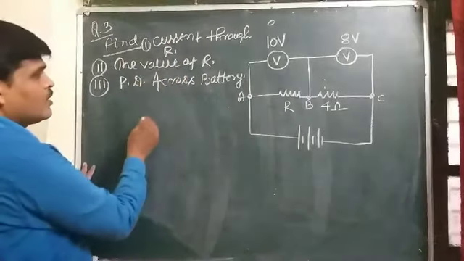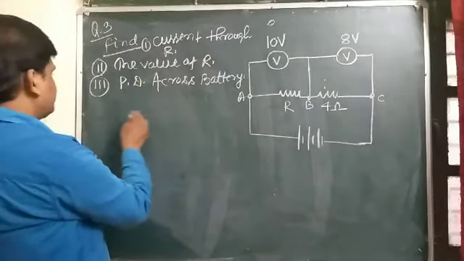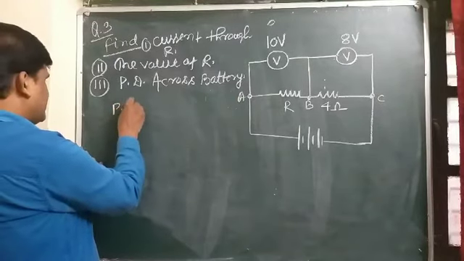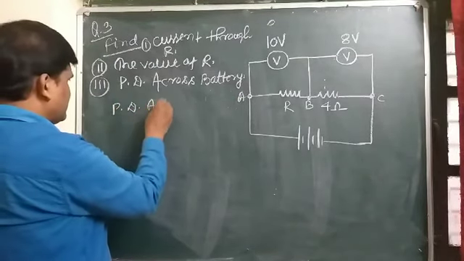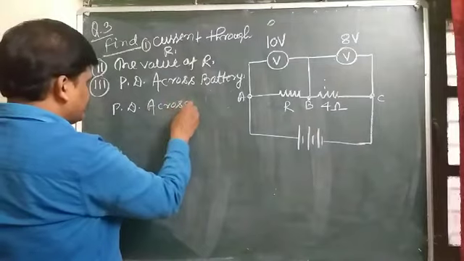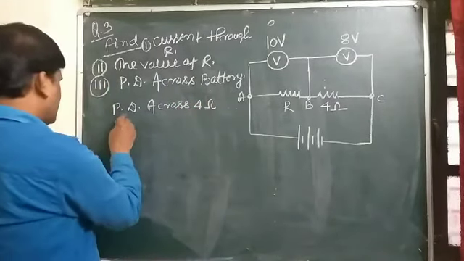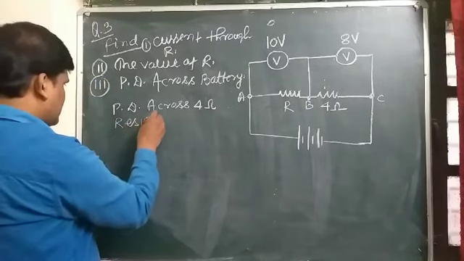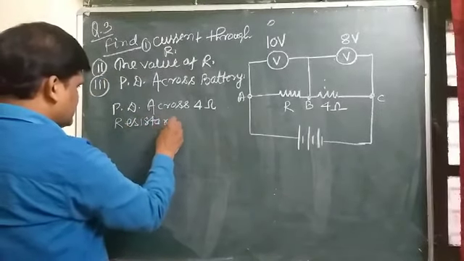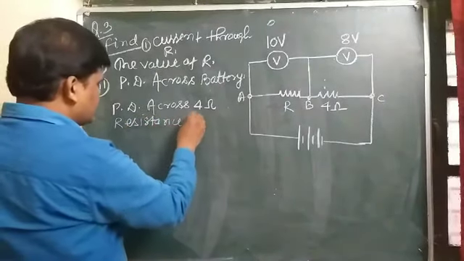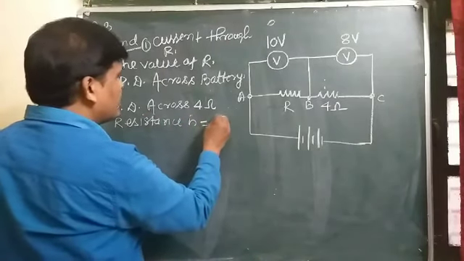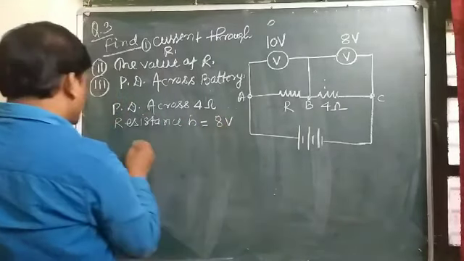So the potential difference across the 4 ohm resistance is 8 volt.